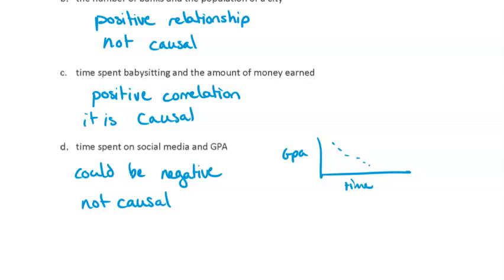You could be an excellent student or in easier classes or just in classes that don't require homework, and your social media use might not be causing your GPA to be less than someone else's. But if I had to guess, it could be a negative correlation, meaning that someone who spends 5-6 hours a day on social media is going to have a lower GPA than someone that spends no time on social media.